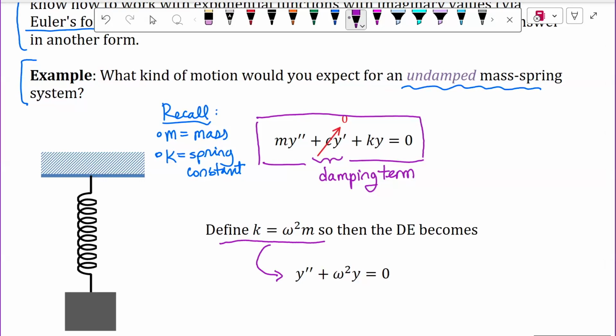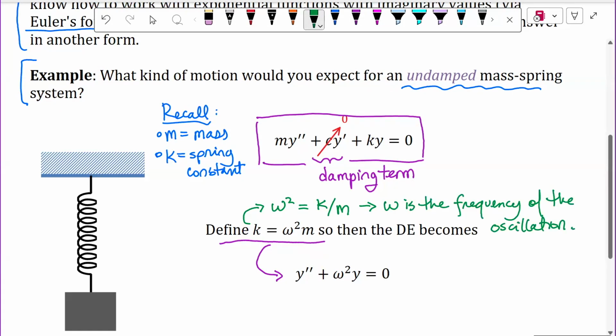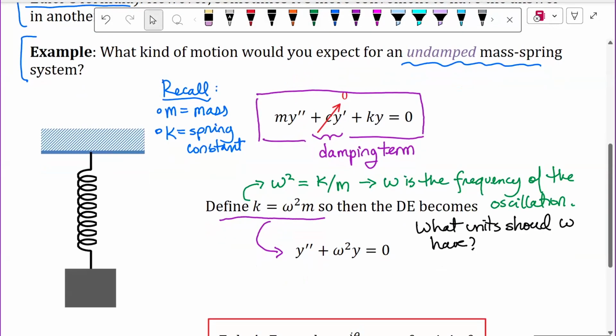But it's not just the normal form that is useful. In this case, we can also think about how to isolate the omega term, or omega squared, which is k over m. It turns out that omega is the frequency of the oscillation. What units do you think omega should have? If you look at unit matching here, we note that y, the displacement, is distance.